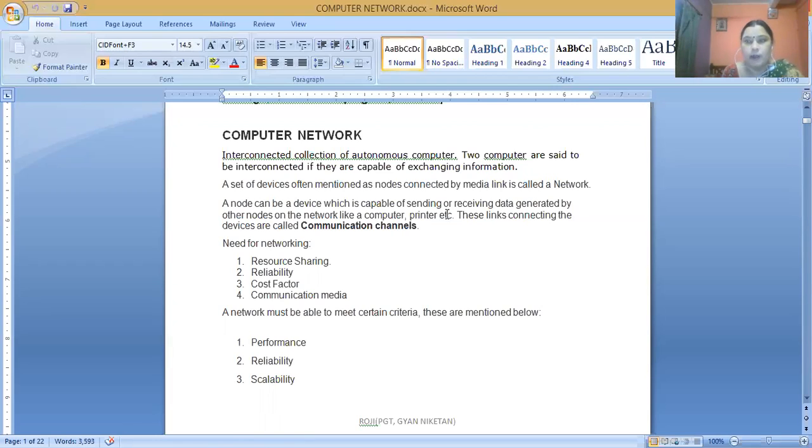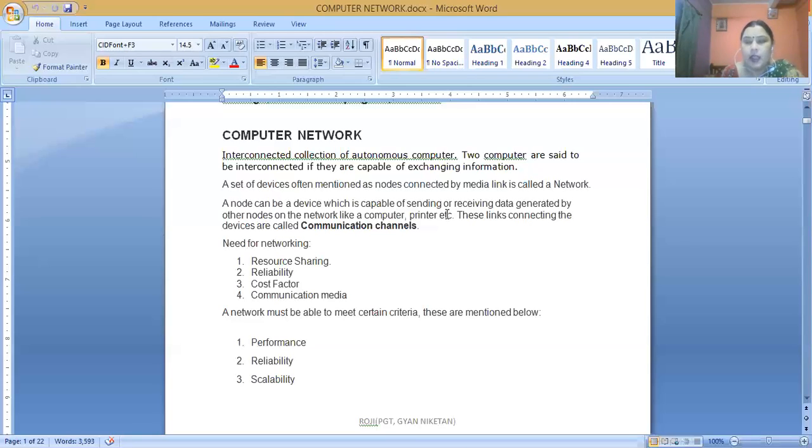Means, when we want to connect two or more computers, that means we are going to combine the computers, and when we combine more than two computers, we say that a computer network or networking has been established.